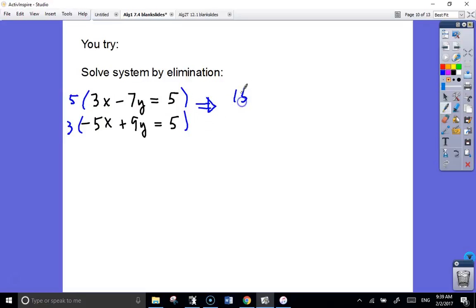So we've got 15x minus 35y equals 25. And then negative 15x plus 27y equals 15.